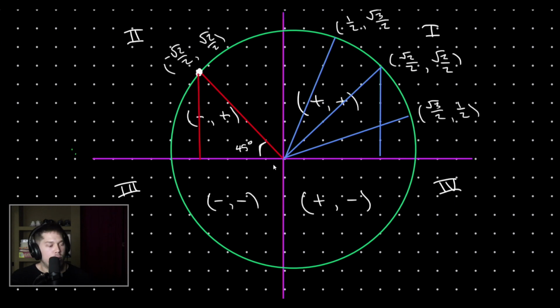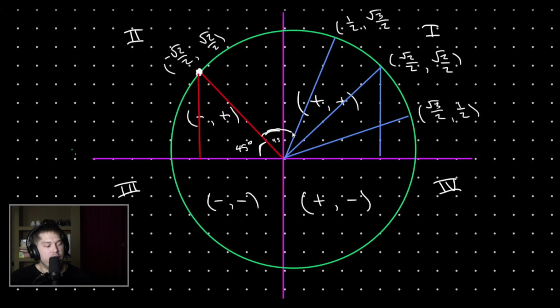And what is the degree measure of this position? It's not 45. 45 is just this reference angle. But to find it, well, the first quadrant is 90 degrees. And then this extra little bit here would also be 45 degrees, since the full second quadrant is 90 degrees.